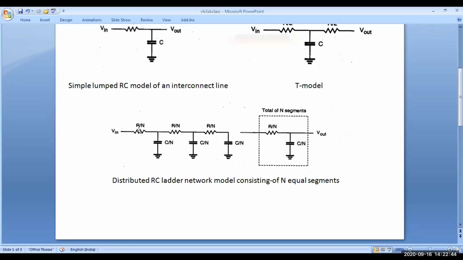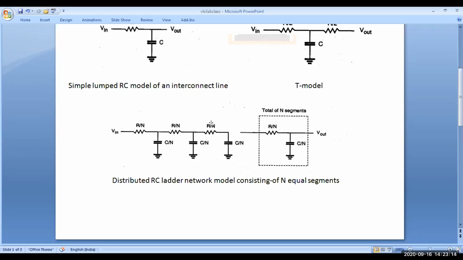So what will be the value of resistance for that? We have found out the resistance for the first case as 7.5 kilo ohm. So if we divide that segment as 5 segments of the ladder network, what will be the values of resistance? 1.5K.